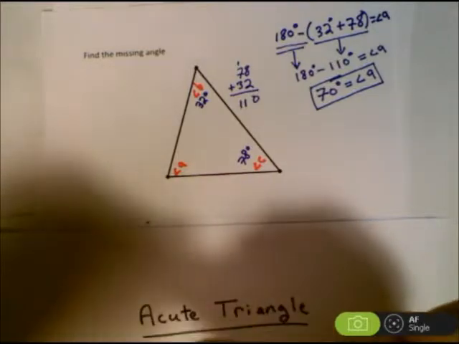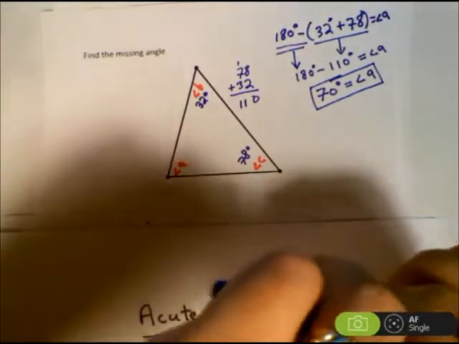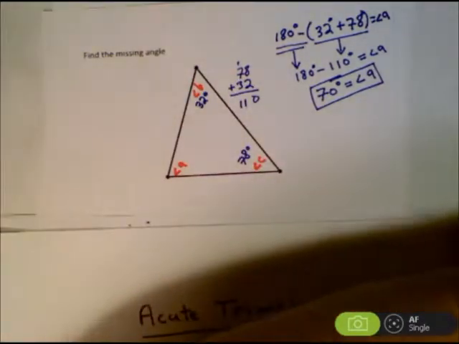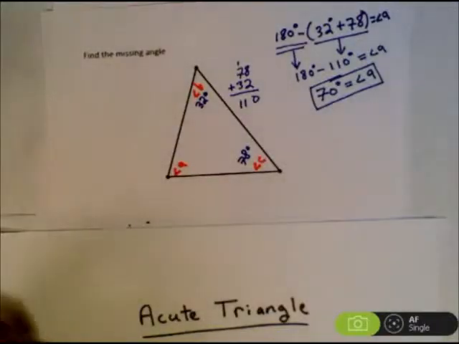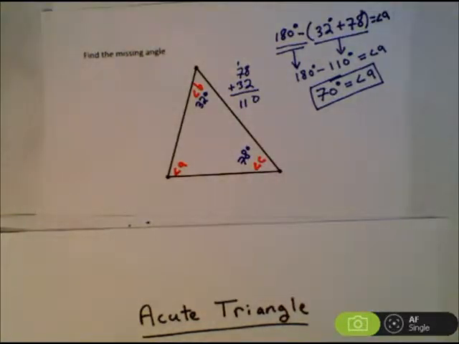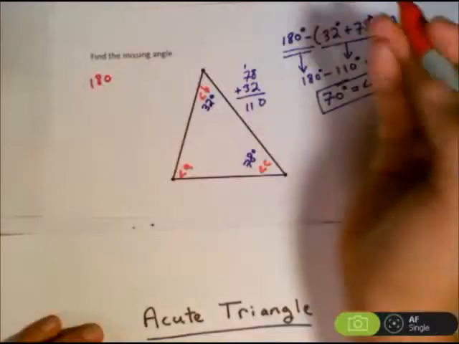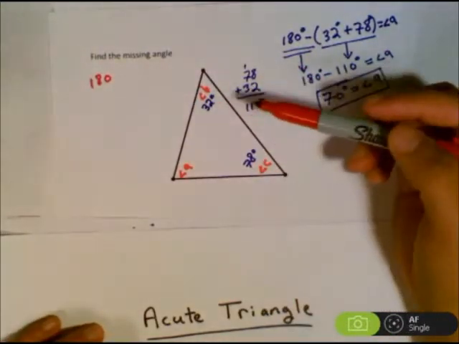The second way we can work it out is to think of it as money. Let's say that I have $180, and I gave angle B $32.